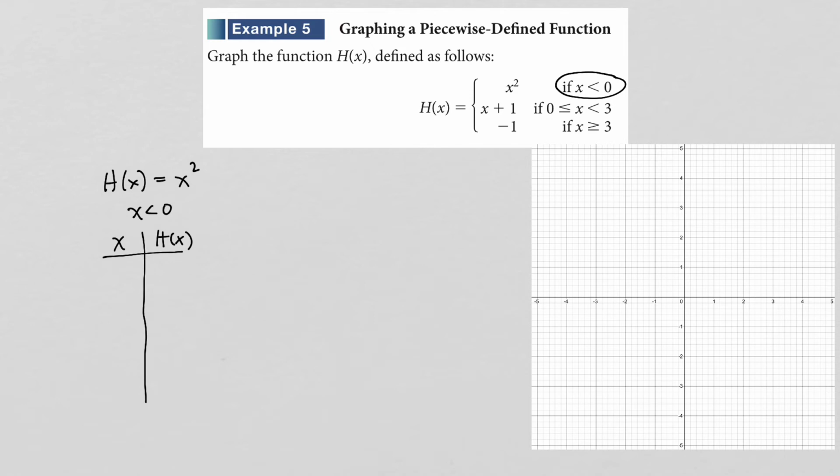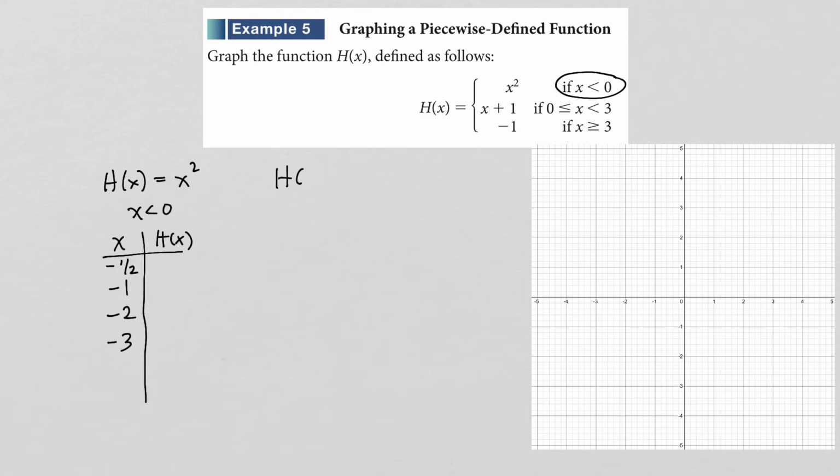Because I can only pick values of x that are less than 0. So for example, I can pick x equals negative 3, negative 2, negative 1. I could even do something like negative 1/2. Okay, and I just got to plug those values in.